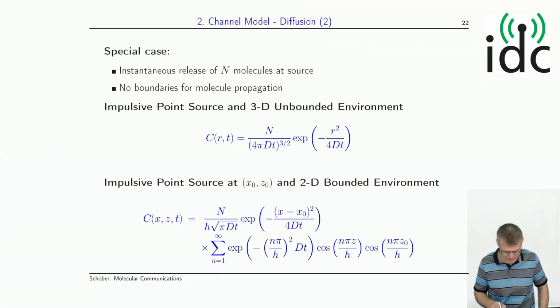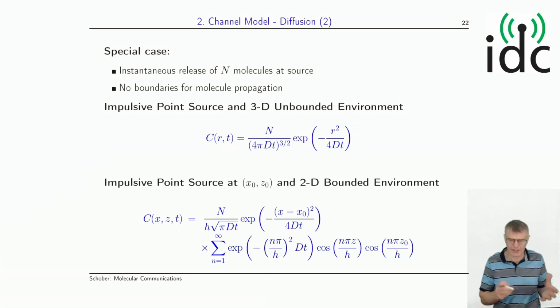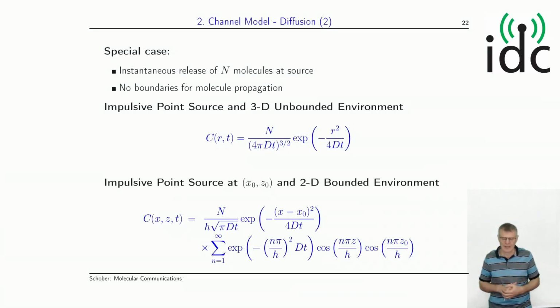So if you compare these two, then you see this here is a lot less insightful compared to this one. And this is not a very complicated environment. It's just the addition of boundaries. This will do this to our concentration. And I guess this gives us an idea of the challenges that we face here. So it's difficult to get insightful analytical models, basically.